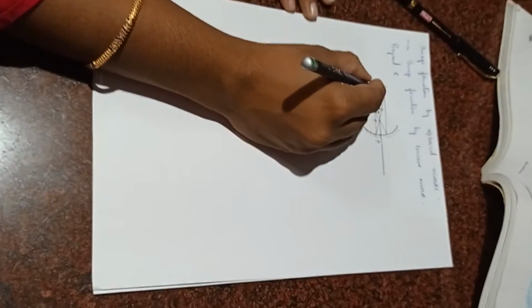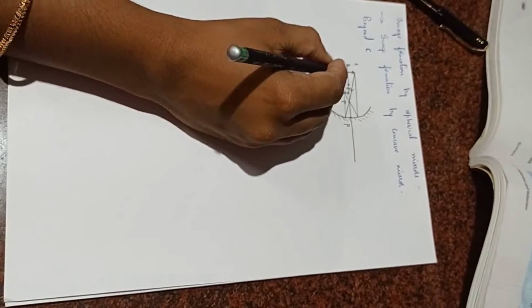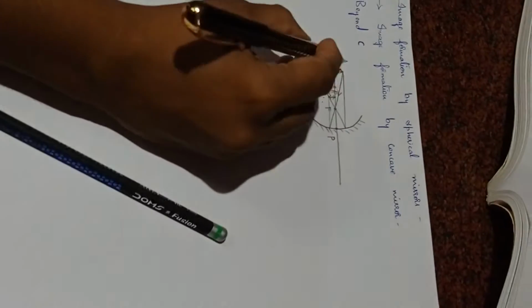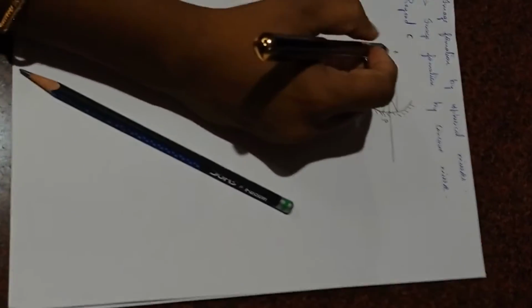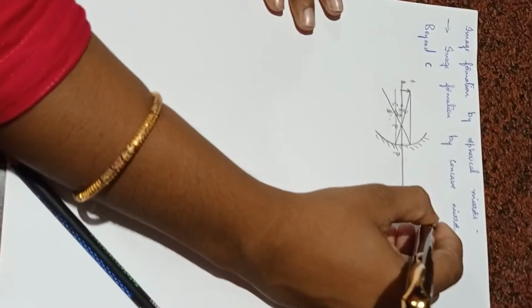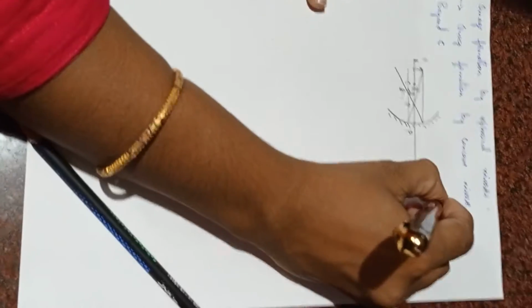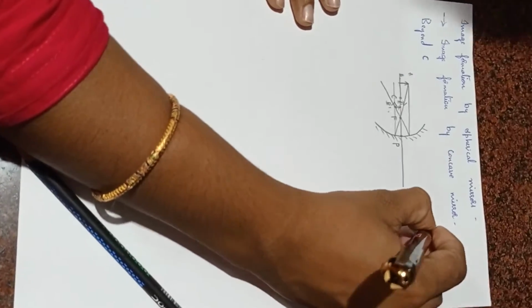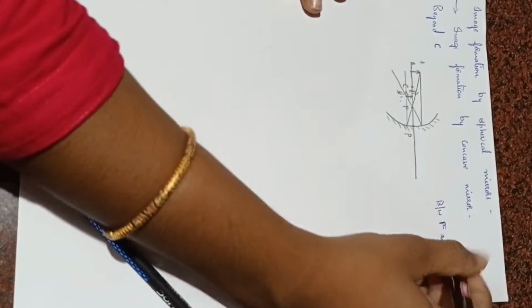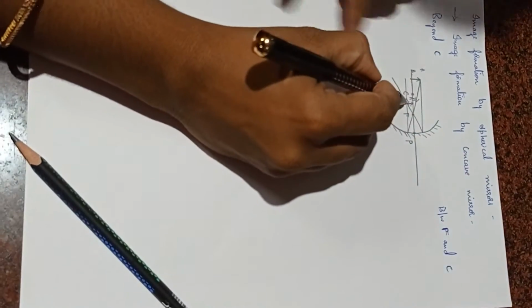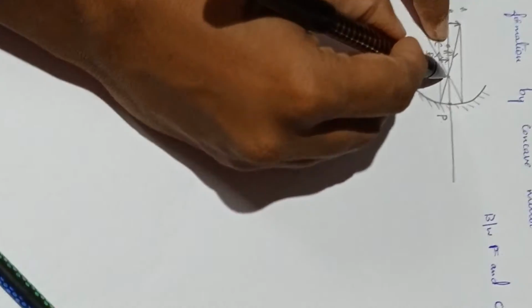So what result do we get? When the object is placed behind C, the image is formed between the principal focus and the center of curvature. You can see here, the image is formed between the center of curvature and the principal focus.